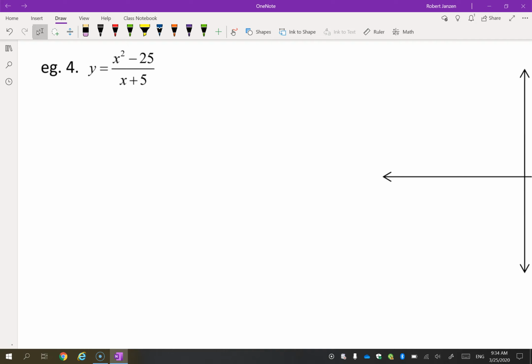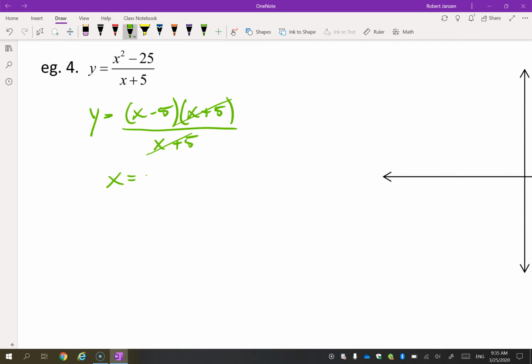one more. So if we factor this, this time we have something cancel out. But you still need to consider that x cannot be -5. Because it cancels out, there's going to be a hole at -5.